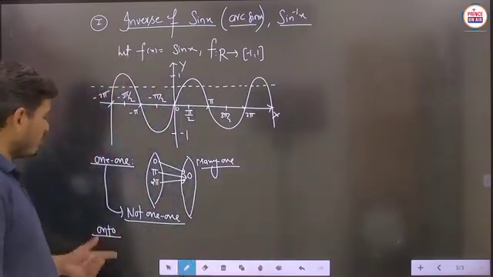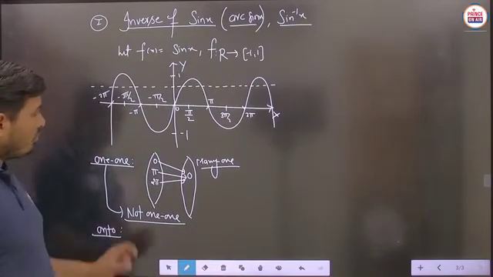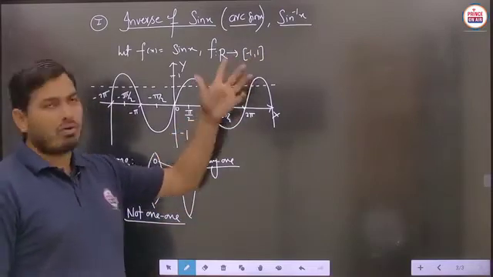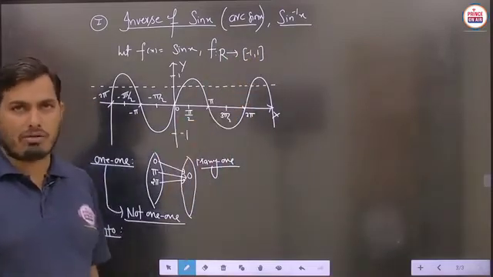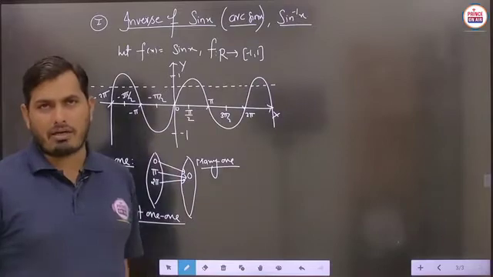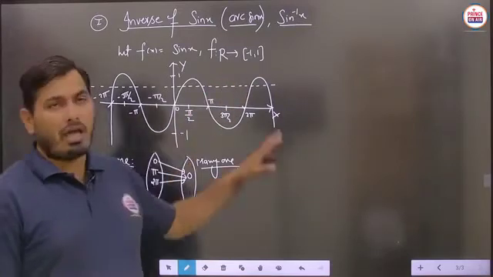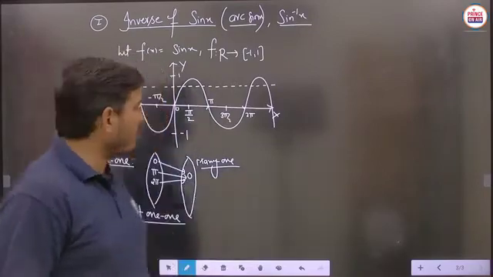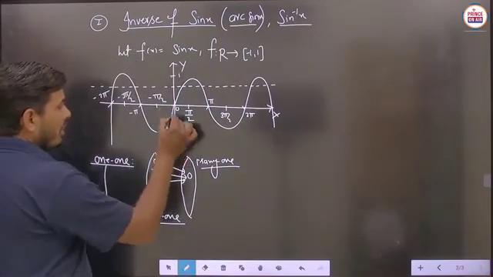Now we will also check for onto. So how will we check the onto case? Students, we have to check the range part, -1 to 1, or you can take this part as the codomain also. So this codomain is to be checked, and we will check whether each and every codomain value has its pre-image in the domain or not. So definitely you can check any value from -1 to +1.